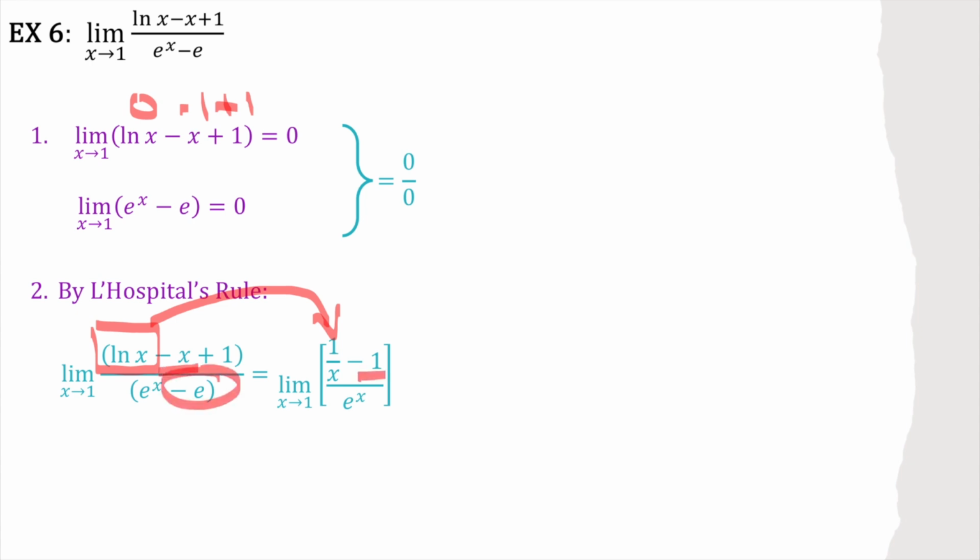E is a constant, so that just falls off, and the derivative of e to the x is e to the x. Now use direct substitution. If you plug in 1 to the top, we get 0, but if you plug in 1 on the bottom, you get e. So it's not indeterminate form, it's 0 over e, so that's 0.